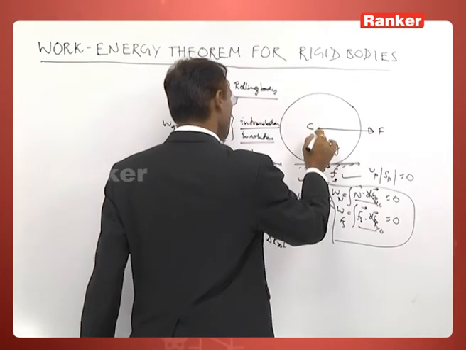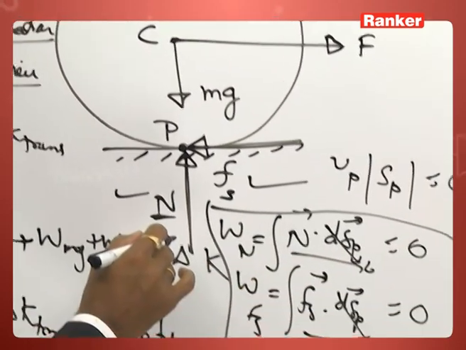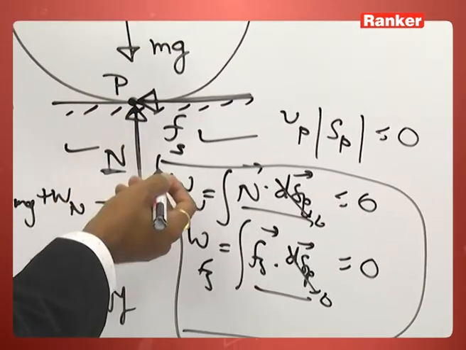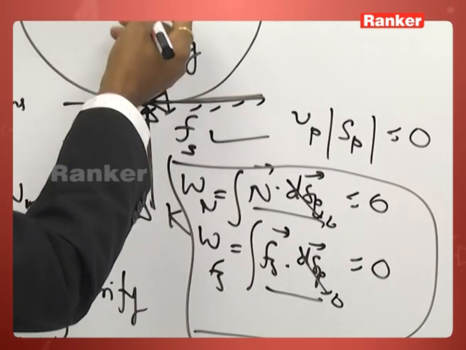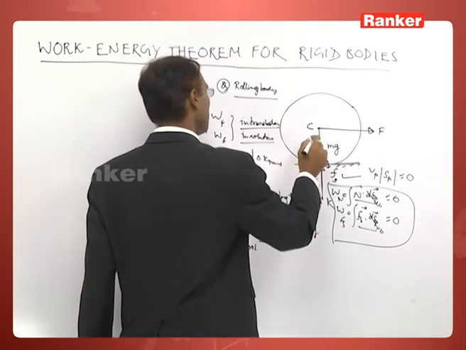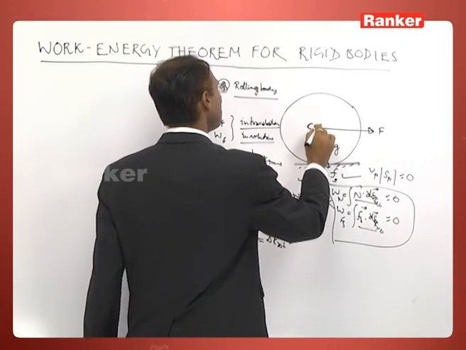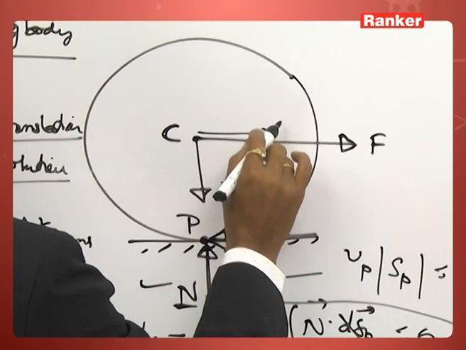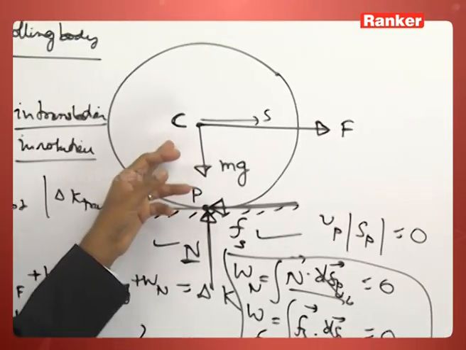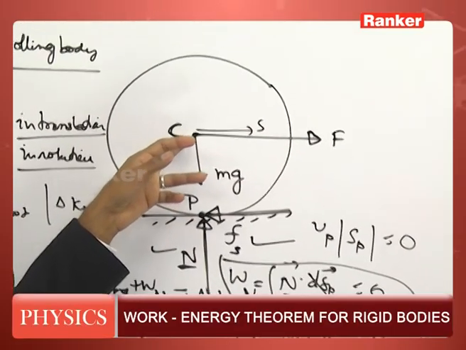The normal reaction, if you take it, passes through this point, or you can say the gravitational force is acting at this point, and this point moves. The gravity and the external force, these two forces are acting at this point.